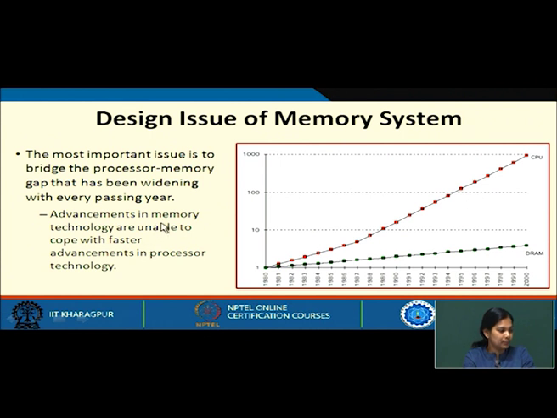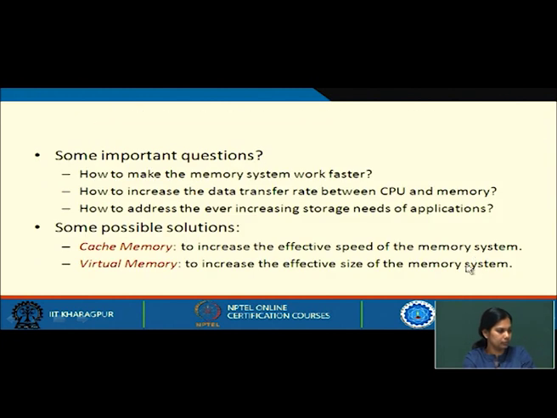The advancements in memory technologies are unable to cope with the faster advancement in processor technology, but there are many techniques that are used to bridge this speed gap. At this point some important questions arise: how to make a memory system work faster? It has a limitation, but how can we make it faster such that the processor and memory speed gap can be reduced?